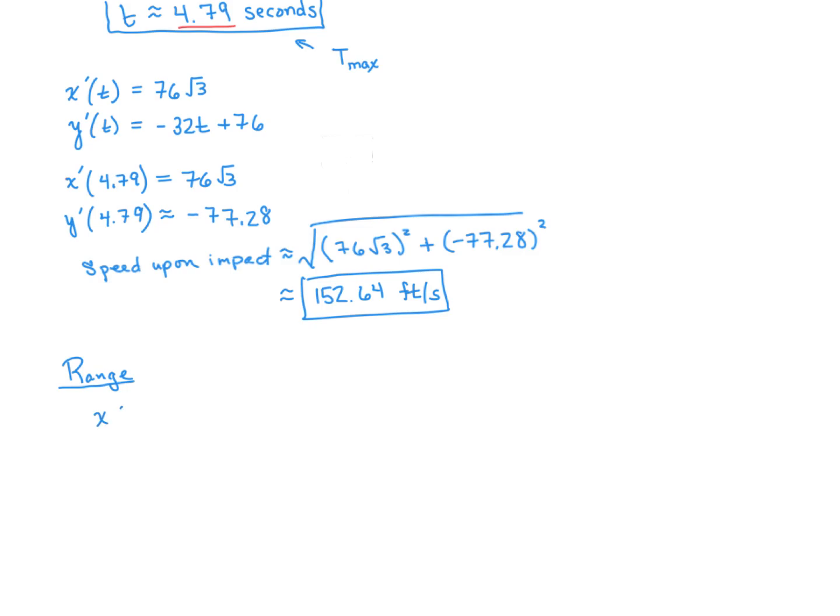So x(4.79) is about 76√3 times 4.79, and that yields about 630.54 feet.